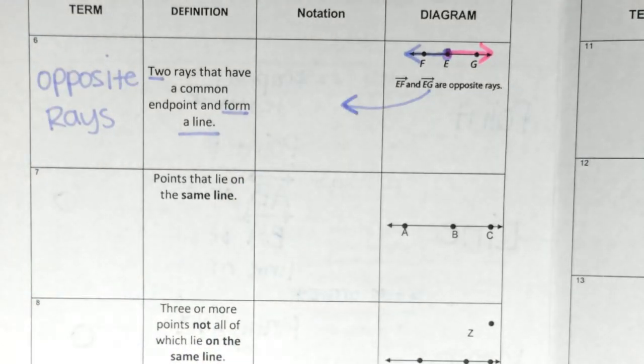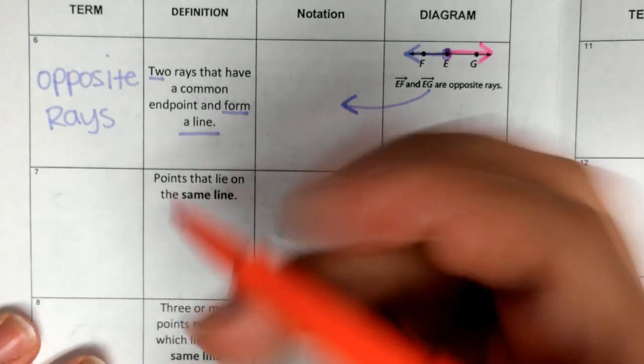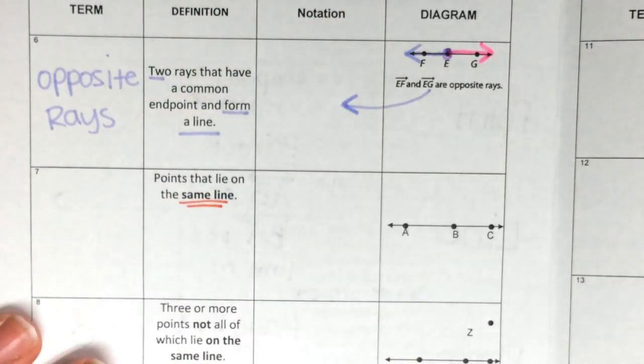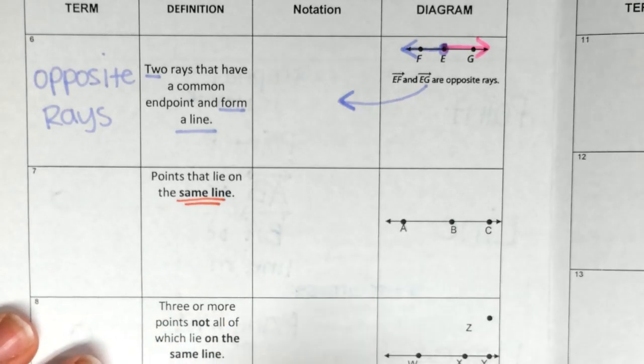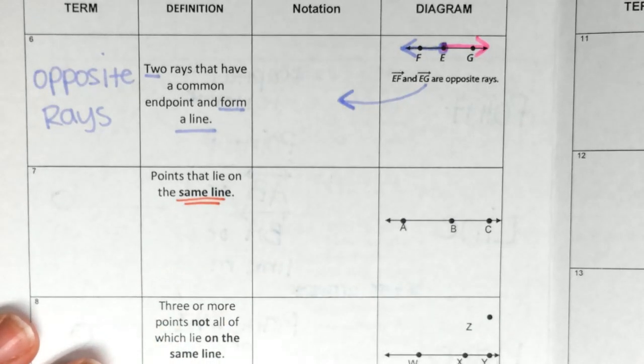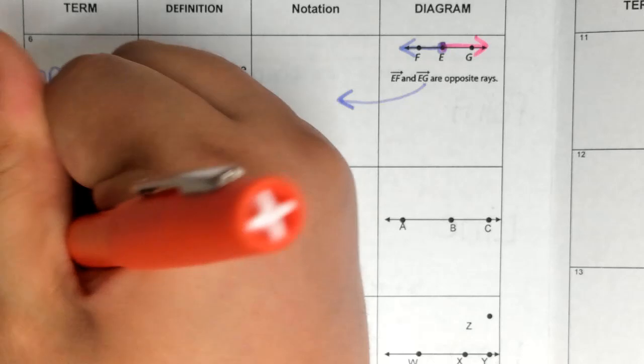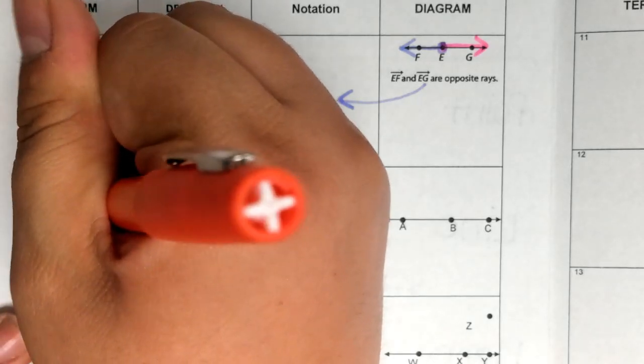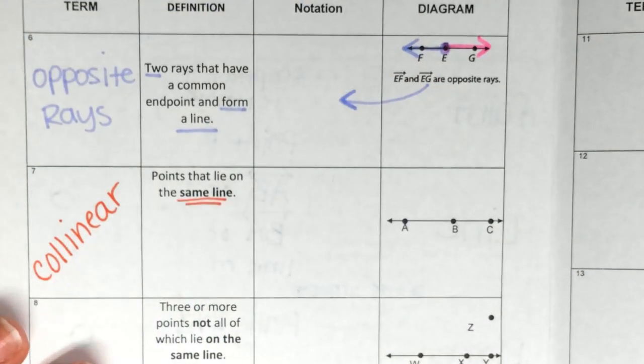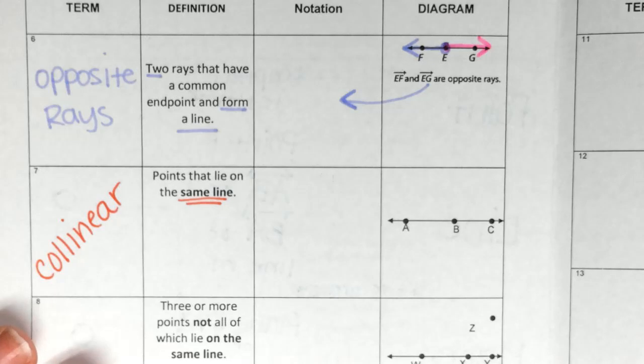All right, we're going to learn some weird words now. What if points lie on the same line? Do y'all agree A, B, and C are on the same line? We call that, did anybody get that one on that part? Say it with me, collinear. Say it again, collinear.